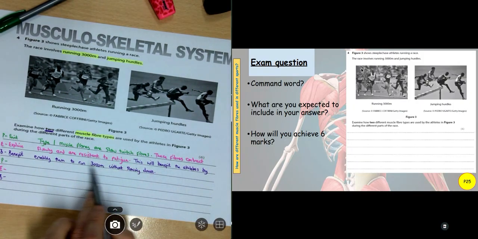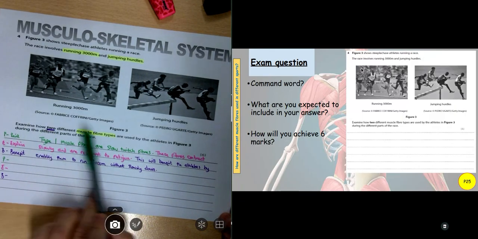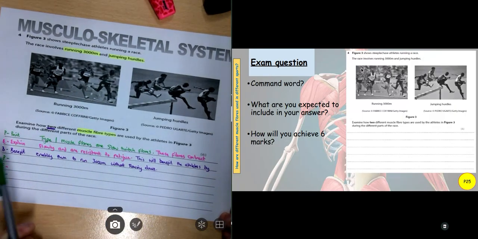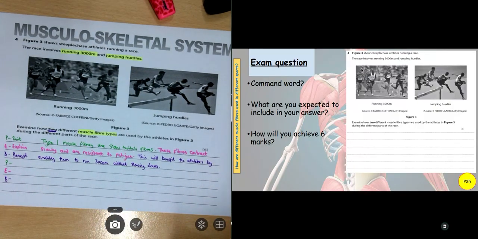So this will benefit the athletes by enabling them to run 3,000 metres without slowing down. That would get me 3 marks. I've examined one muscle fibre type for one part of the race. I would then pick a different one for the other part of the race.